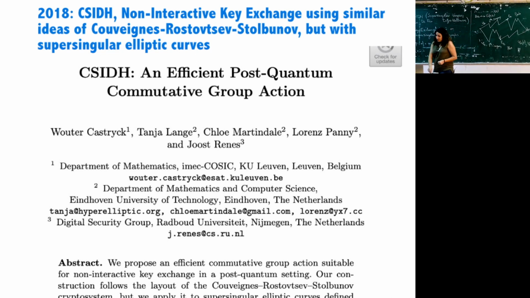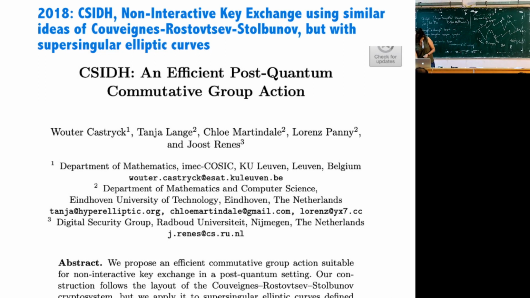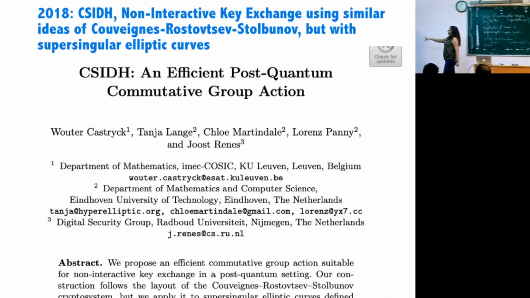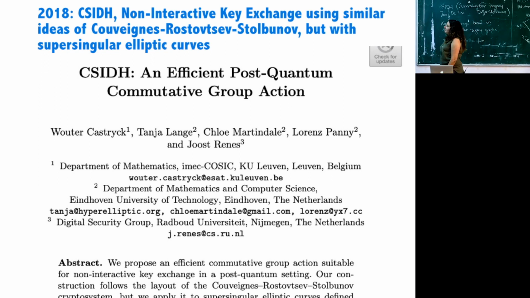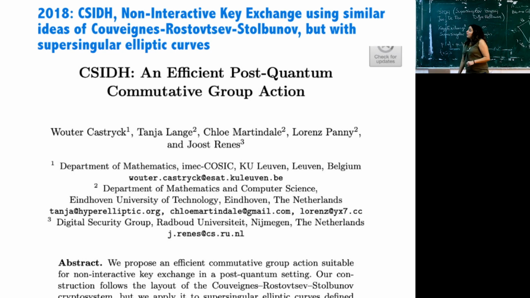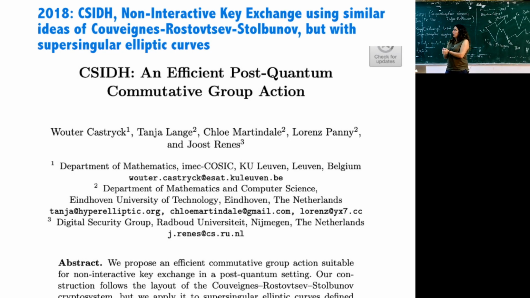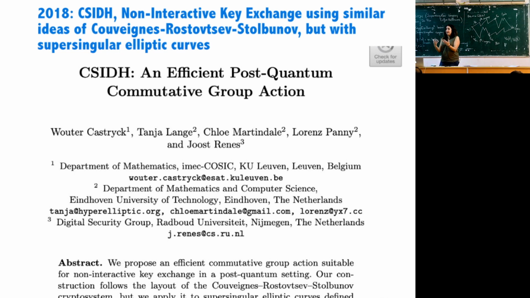Well, there are other key exchanges which are based also on supersingular elliptic curves. This is called CSIDH, 2018, which uses also supersingular elliptic curves, but now with a different idea.